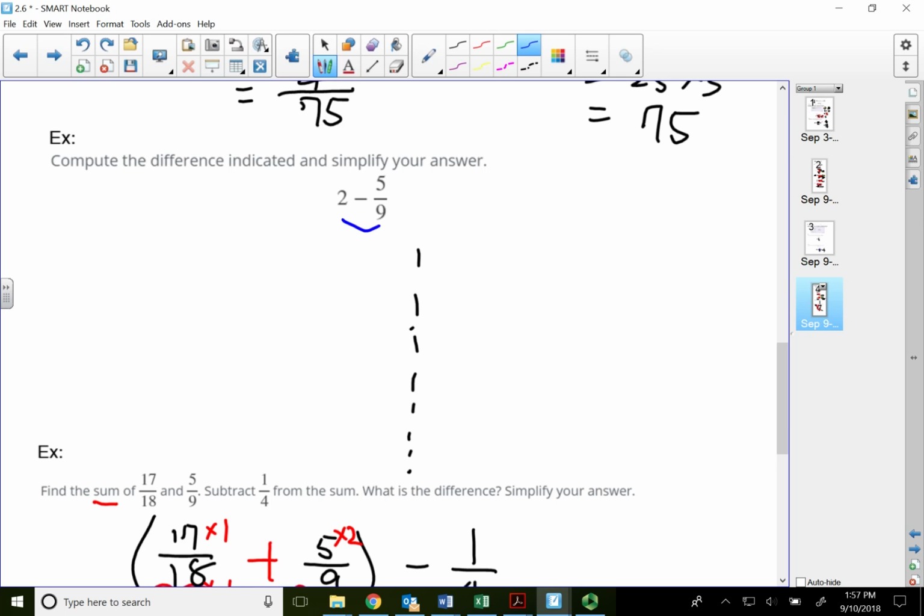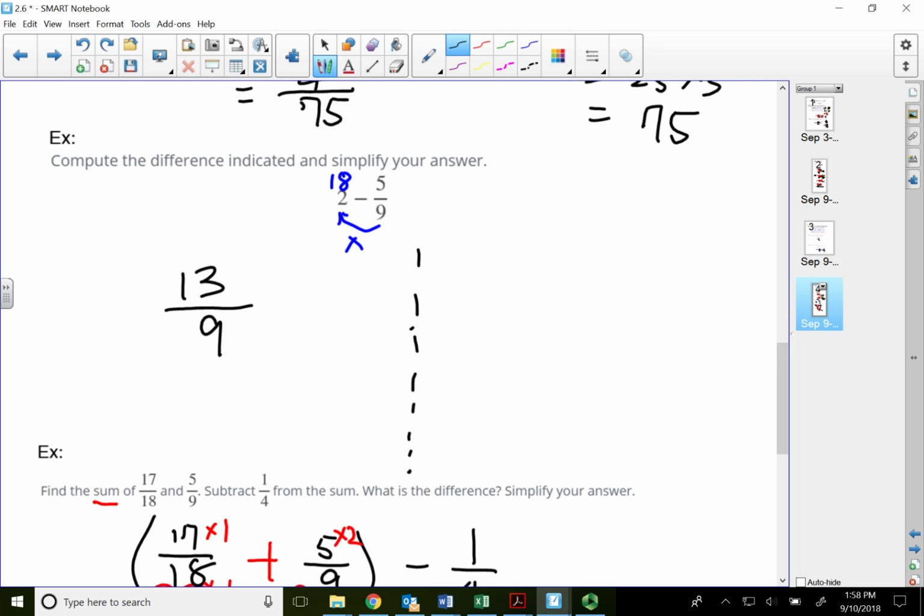Take the denominator times the whole number, which will give you 18. This time, rather than plus the numerator, we need to take 18 subtract the numerator, which is 13. The denominator never changes, so that will be 13 over 9 is the answer.